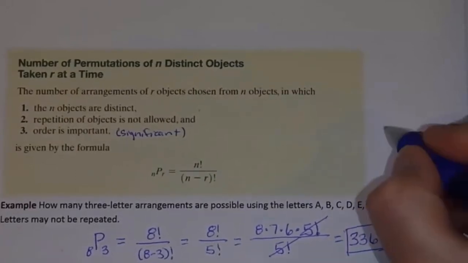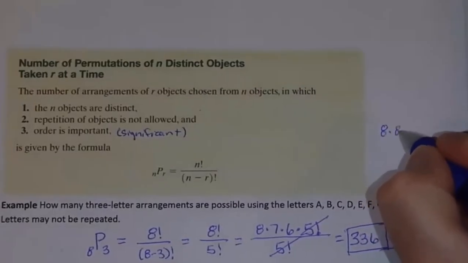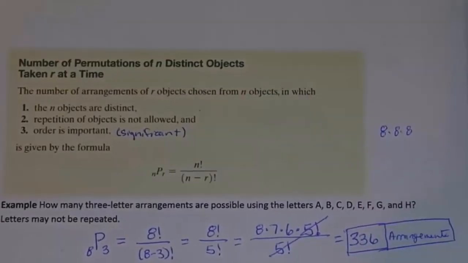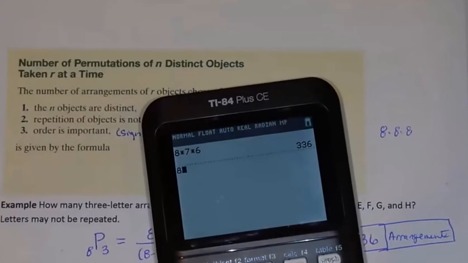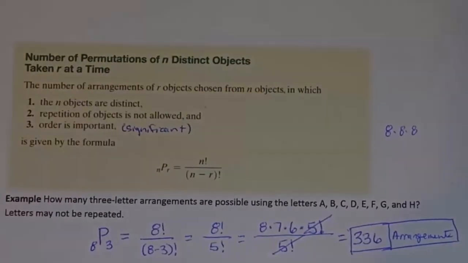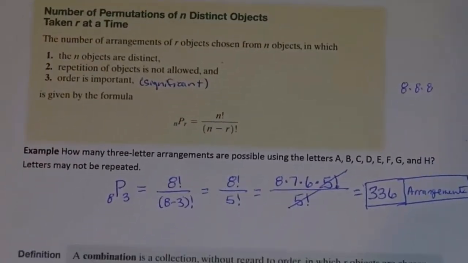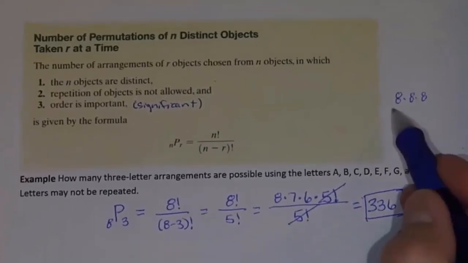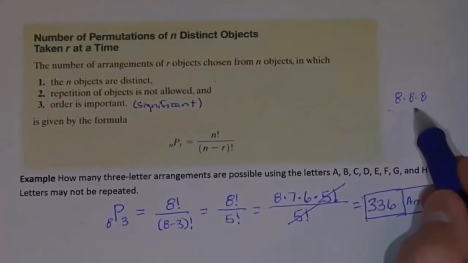So if repetition was allowed, it would be 8 times 8 times 8 would be the answer. And 8 times 8 times 8, that would be 512 instead of 336. So you've got to pay attention to the wording. It matters how we compute things. If repetition's allowed, it would not be a permutation.